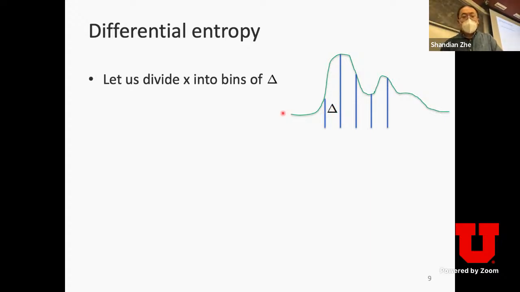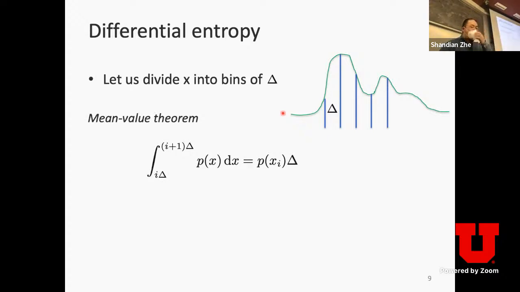According to the mean value theorem, we know that the integral over each bin, from i delta to (i+1) delta, is just an integral for a particular bin.